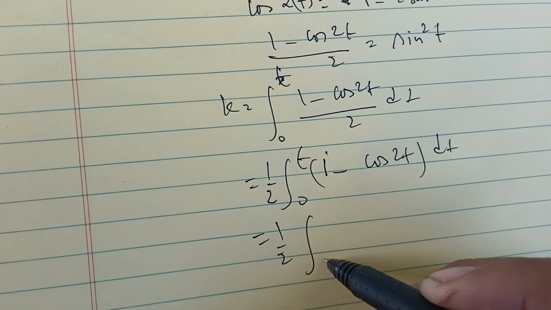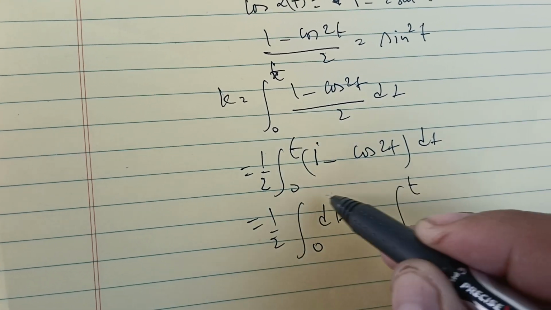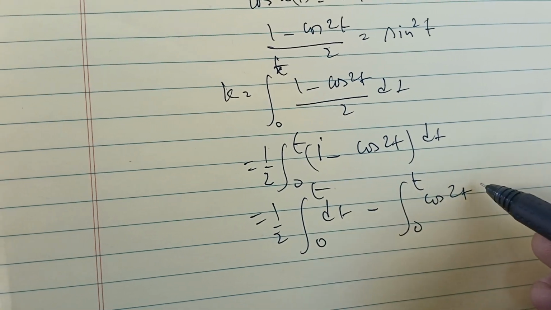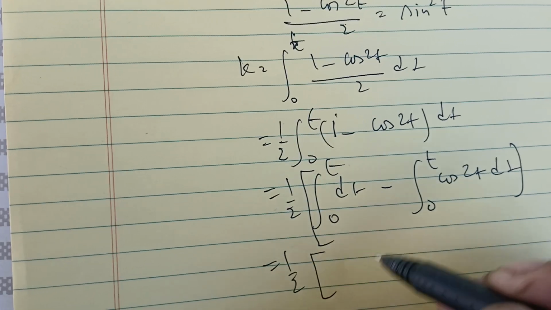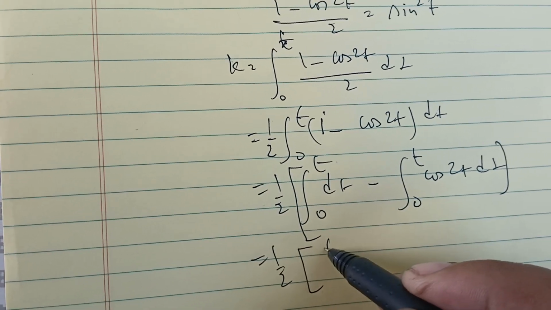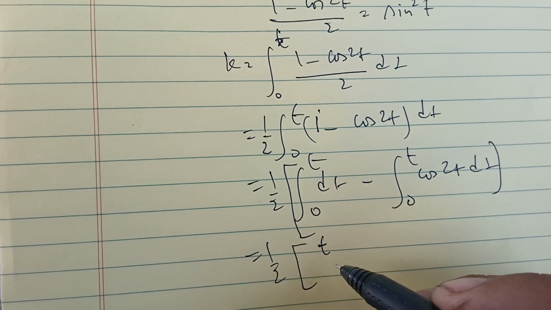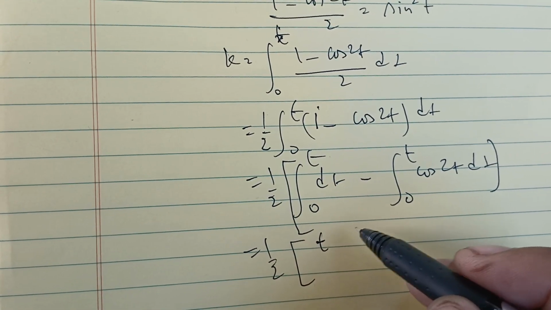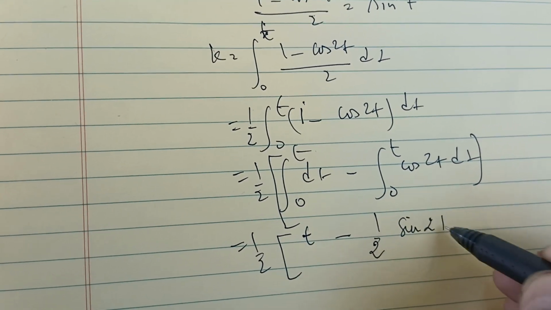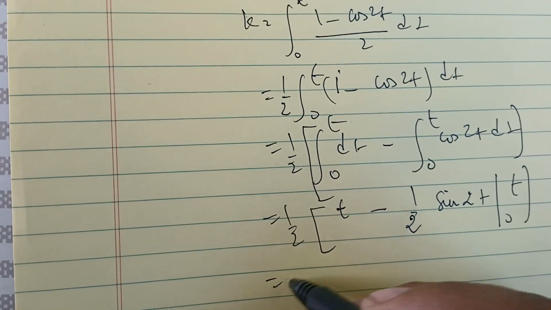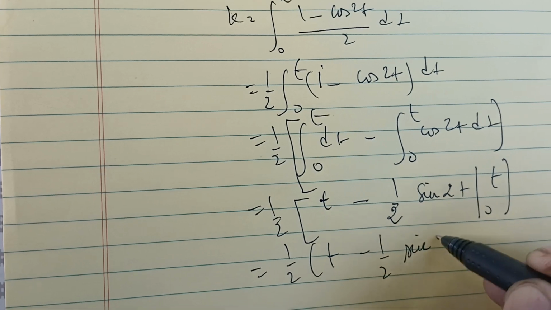I can simplify one more time, get the integral of dt minus the integral between 0 and t of the cosine of 2t dt. I don't forget the 1/2, so I have 1/2. Here I have the integral of 1 between 0 and t, and therefore it's t between 0 and t, and I have here 1/2 sine of 2t between 0 and t, and therefore I have 1/2 t minus 1/2 sine 2t.